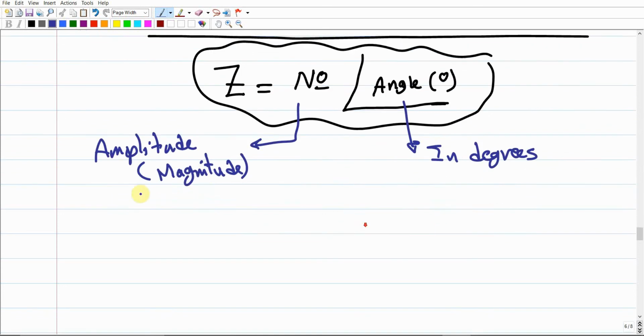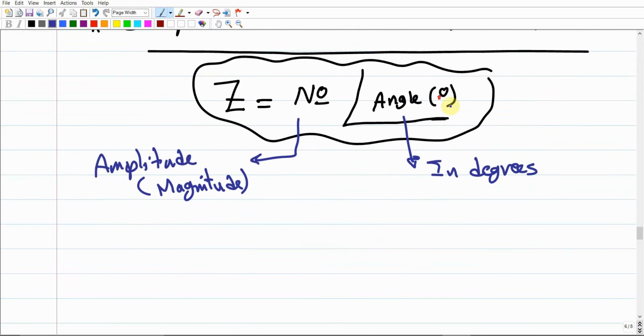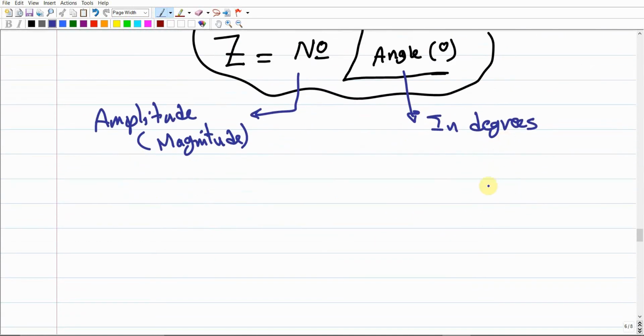Make sense? For example, we can represent this in case we have this as the imaginary axis, and this as the real axis of the complex number.